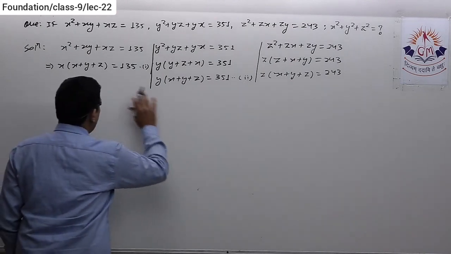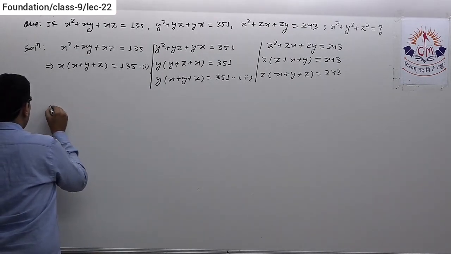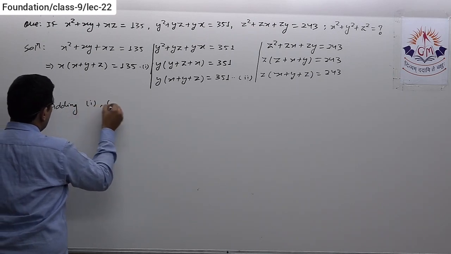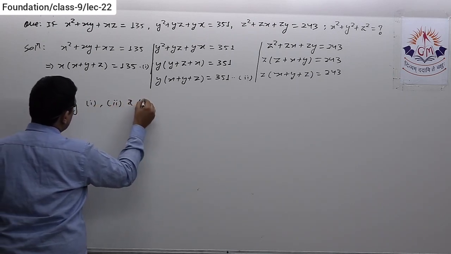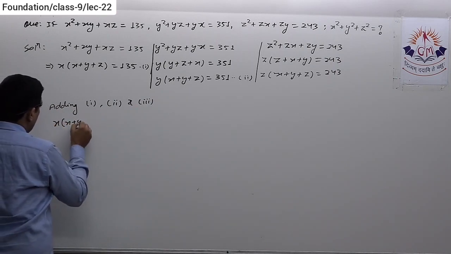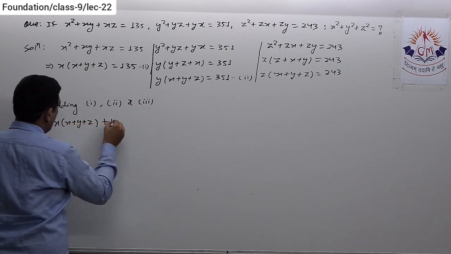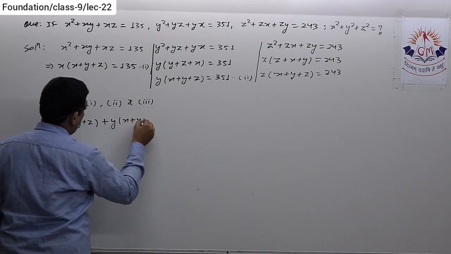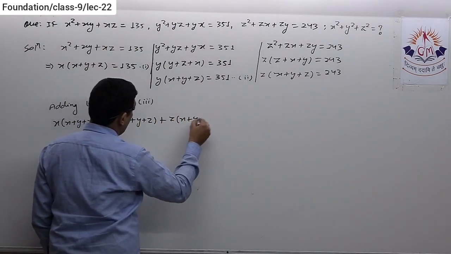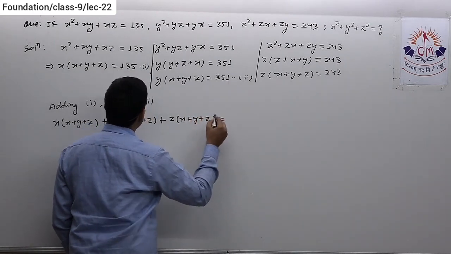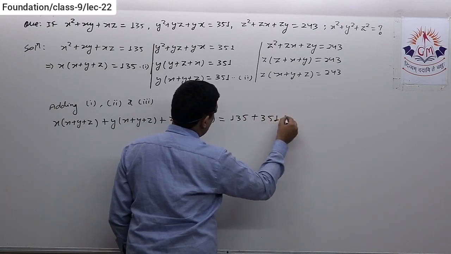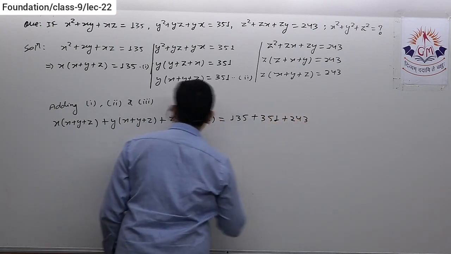Now if I add these three equations, let us see what we get. Adding the first, second and third, I get x(x plus y plus z) plus y(x plus y plus z) plus z(x plus y plus z) is equal to 135 plus 351 plus 243.